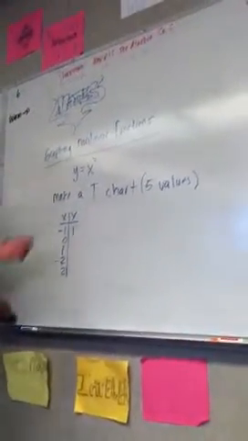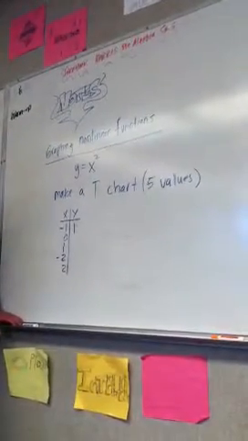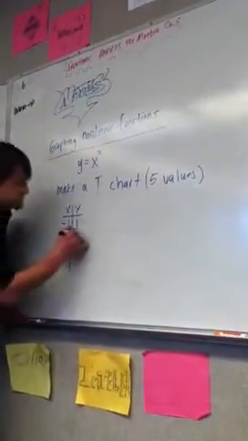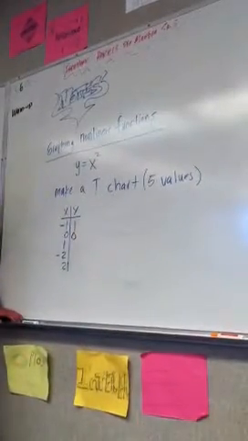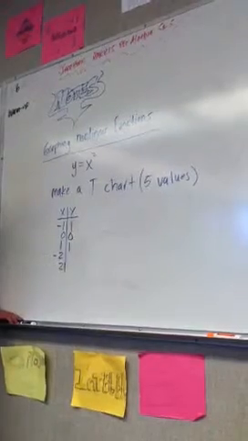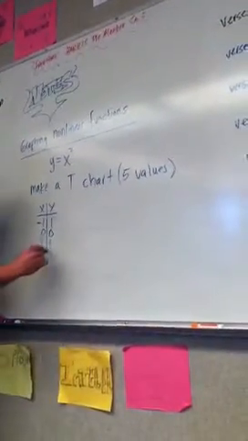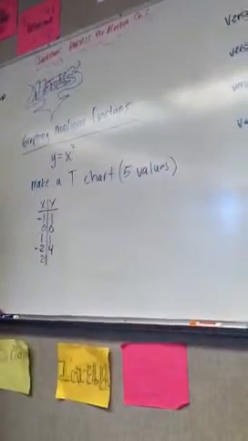What is 0 squared? It's 0. What is 1 squared? 1. How about -2 squared? 4. And how about 2 squared?